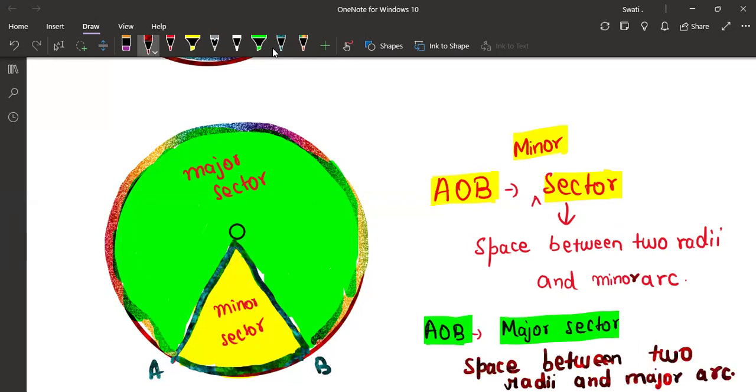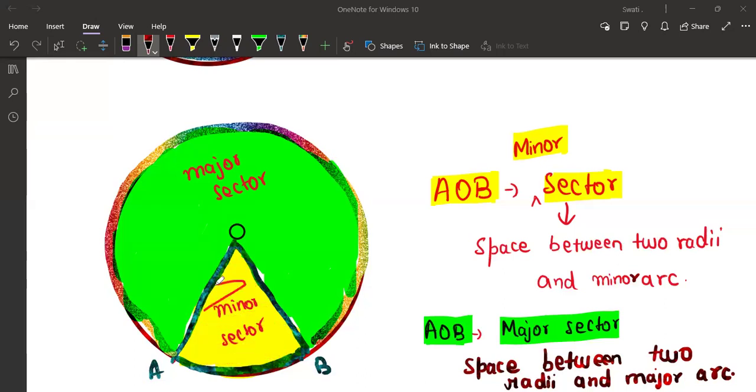So we have covered how many things? We have covered arc, then two types of arc, minor arc and major arc. Then we covered sector. What is the meaning of sector? In general, it is the space between the two radii and the arc. If it is the space between the two radii and the minor arc, that will be called the minor sector.